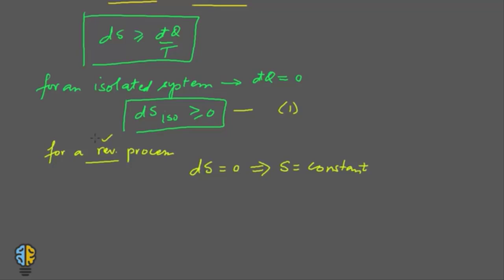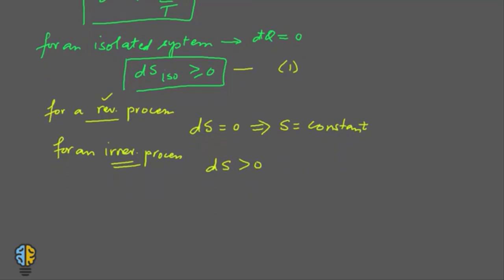So this is for the reversible process. And for an irreversible process, the value of entropy change is greater than 0. Okay, so we have three things. This is the second equation and this is the third equation.